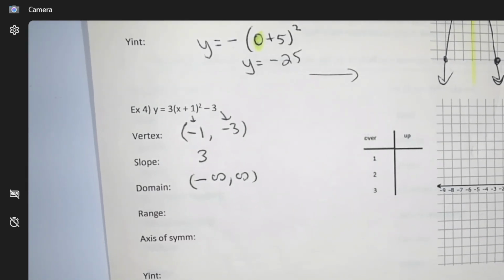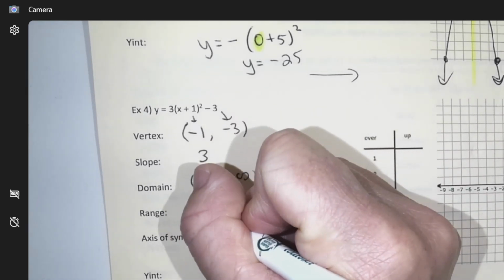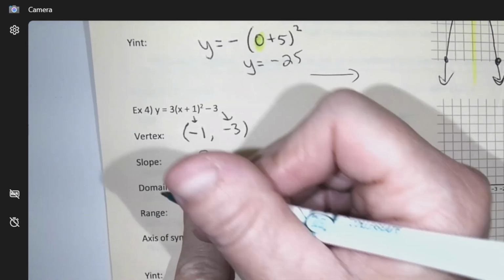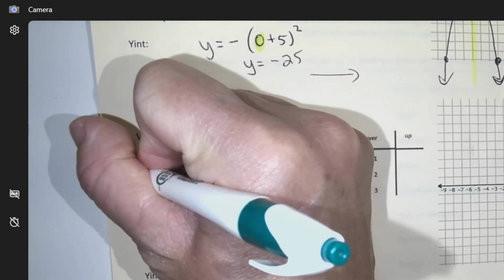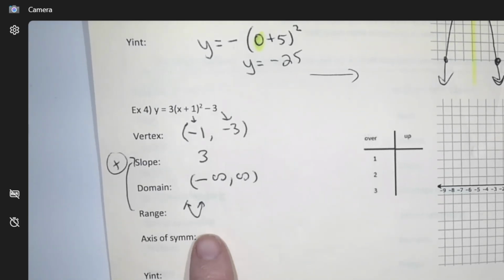Range. Before I ask you range, can you tell me if this parabola is opening up or flipped down? It is opening up. How did you know that? Because your slope was positive 3, right? So it's going to open up.